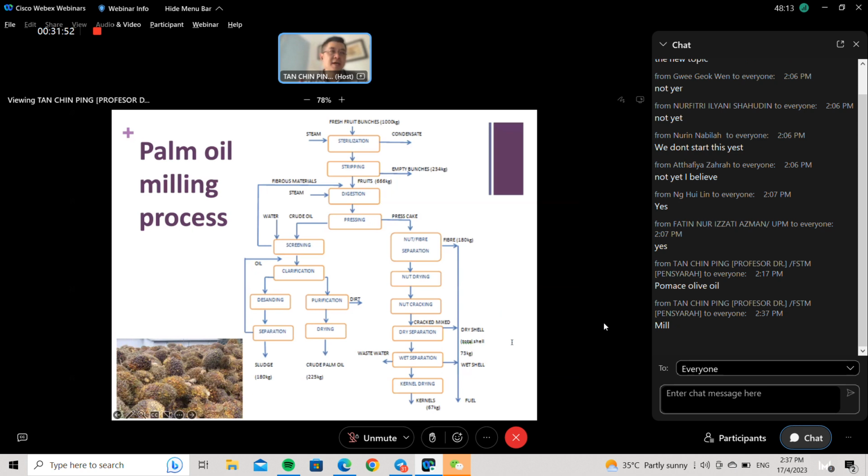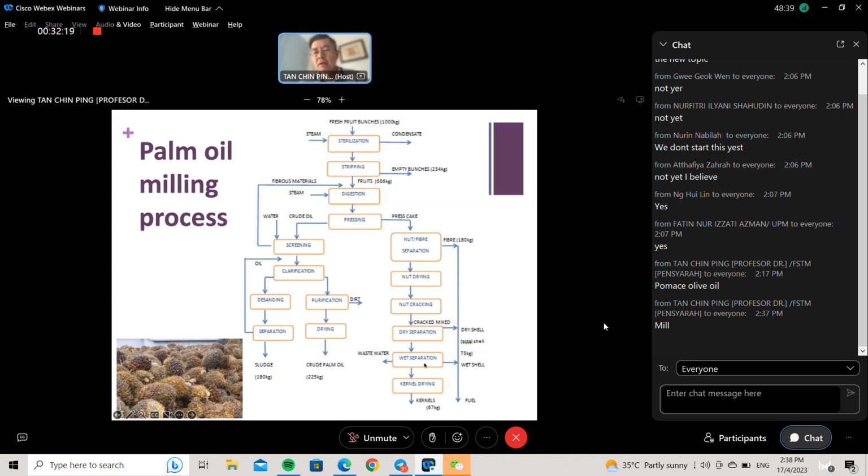So you have palm mills, usually very close to the plantation site because that is where they get the raw material from, which I already mentioned when I introduced the palm oil industry to all of you. And I mentioned refineries are usually close to the port where they can export the finished product very easily.